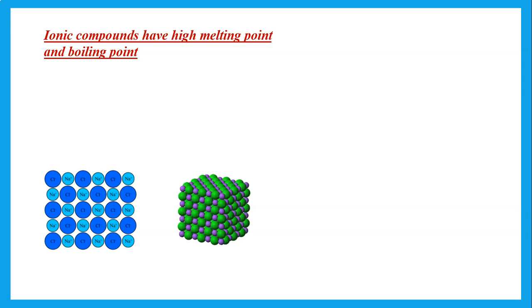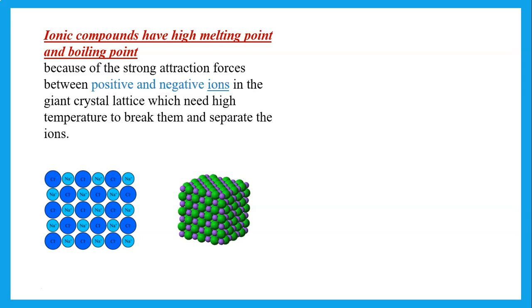I have a 3-dimensional structure with many alternating positive and negative ions. And that means that we have strong attraction forces between all of these positive and negative ions in the giant crystal lattice, which is what we call the structure. And all of this needs high temperature or a lot of energy to break them and separate the ions.